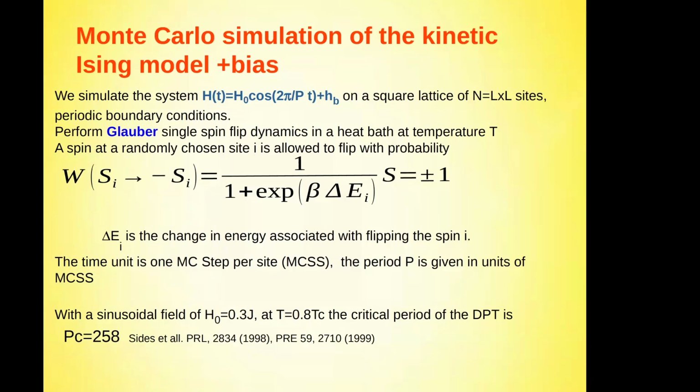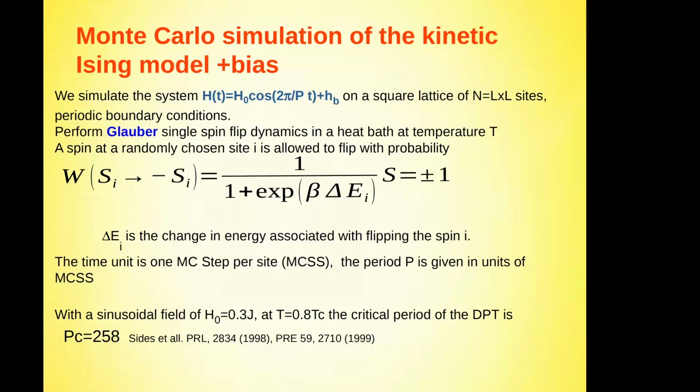We perform Glauber single-spin dynamics in a heat bath at temperature T. The temperature is fixed because we want to be in the disordered region, where the experiments indicate that there is a transition. With Glauber, we calculate the energy change and the probability to accept the change, as in standard Monte Carlo.